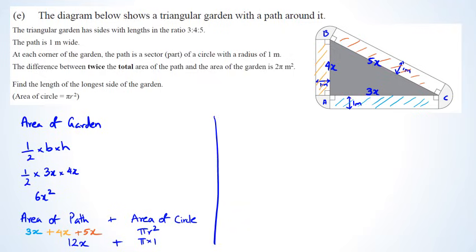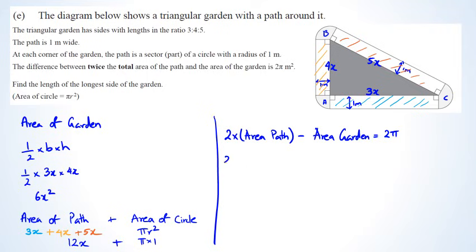So now let's actually try and work the question out. It says the difference between twice the total area of the path. So we've got 2 times the area of the path minus the area of the garden equals 2 pi. That's what we have.